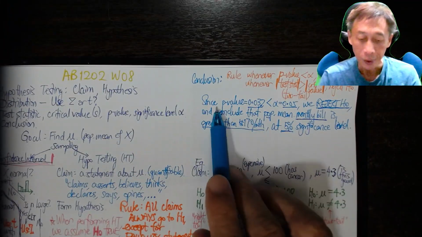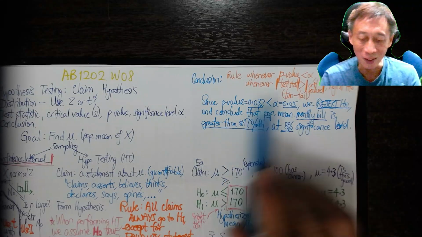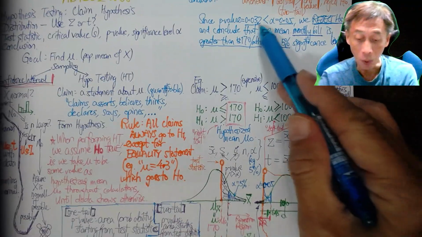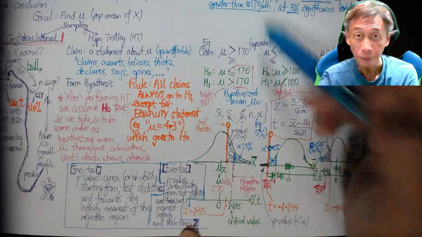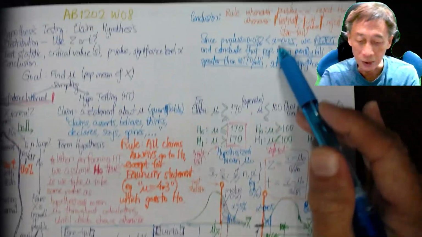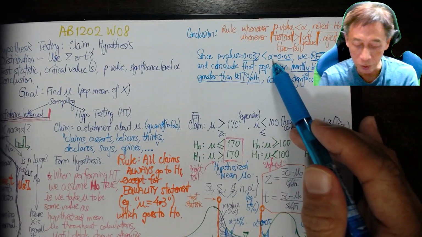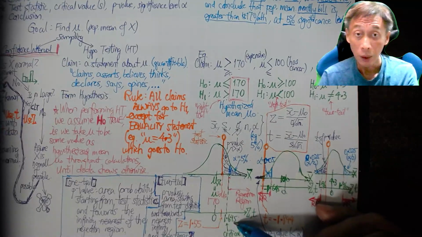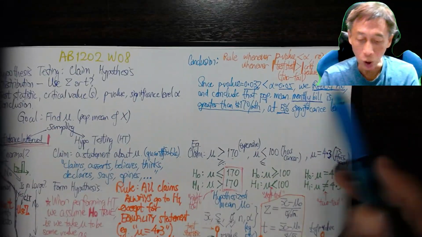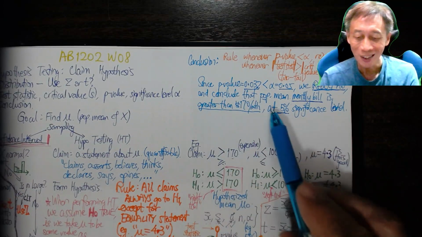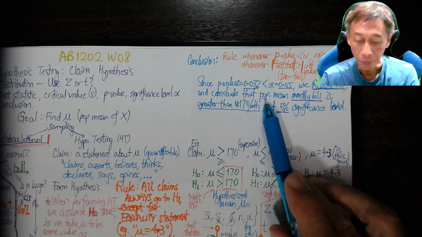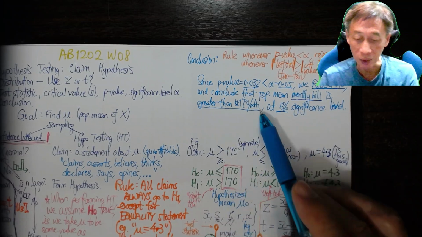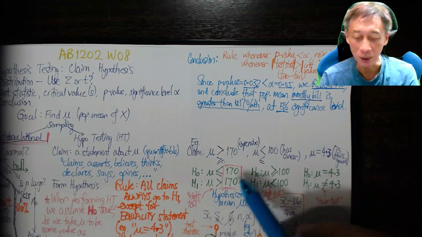Since the test statistic, in this case 1.55, is smaller than the critical value of 1.645, we do not reject and conclude that the population mean monthly bill is less than or equal to $170 per month at 5% significance level.